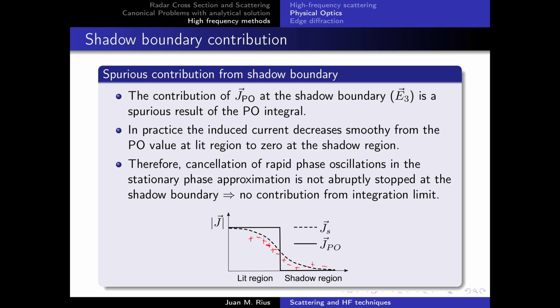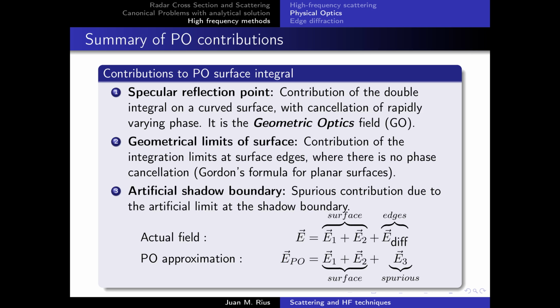So this contribution of the artificial shadow boundary is spurious. So the contributions are: 1, specular reflection point; 2, geometrical limits of surface. But the artificial shadow boundary contribution, number 3, is spurious, and it exists only in the physical optics approximation.